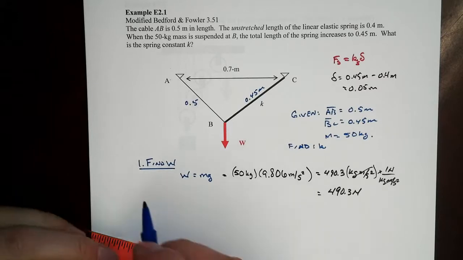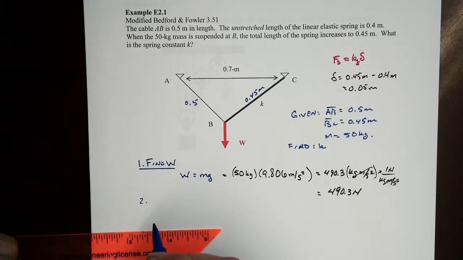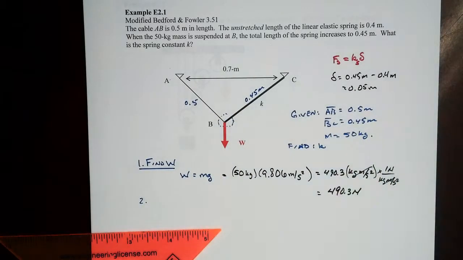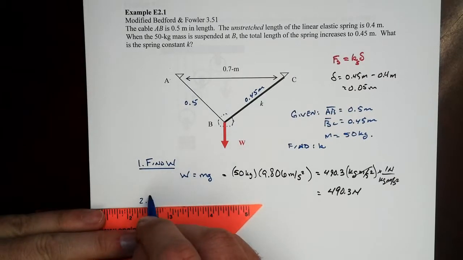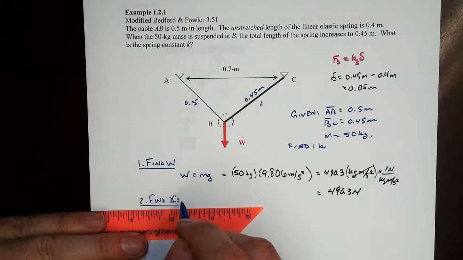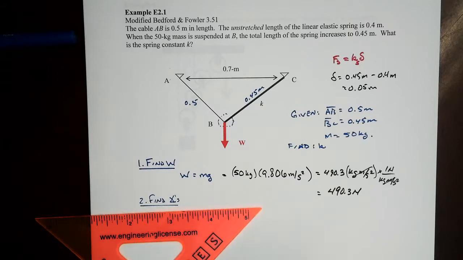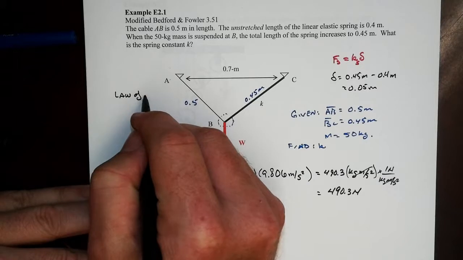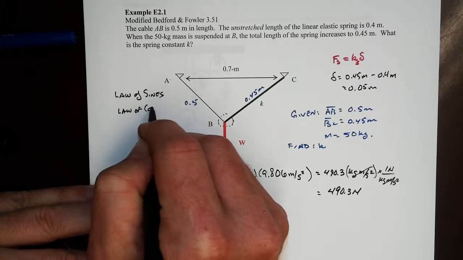So now I want to do a free body diagram of this joint. But note, I don't know a single angle anywhere. And so actually, let's find the interior angles of the triangle that we have up here. We've got law of sines and law of cosines available to us.